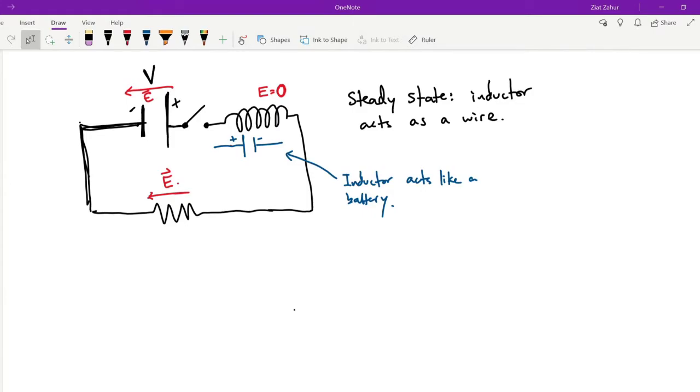Let's go ahead and write some equations now. What is the induced voltage? Well, the induced voltage V_ind here is equal to negative, I'm going to say negative because it's backwards, negative d phi_B dt.